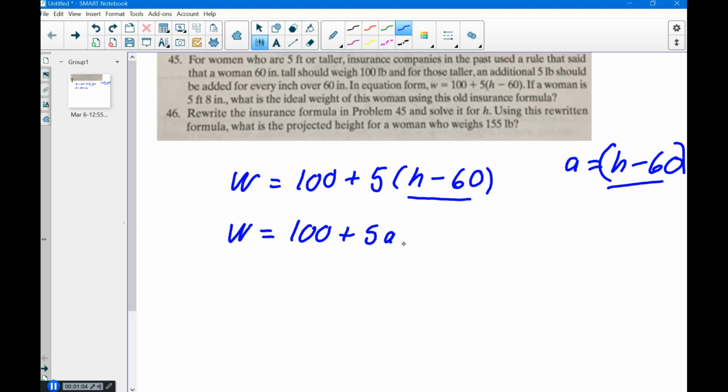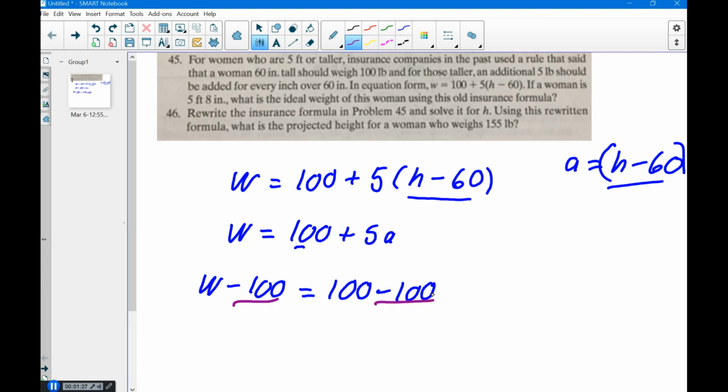So we're looking for the H, but in the meantime, we get rid of everything else. If I want to get rid of the 100, I subtract it from both sides. So I have W minus 100 on that side equals 100 minus 100 plus 5A. Sometimes this confuses people, but all I'm showing you is that I'm subtracting 100 from both sides.